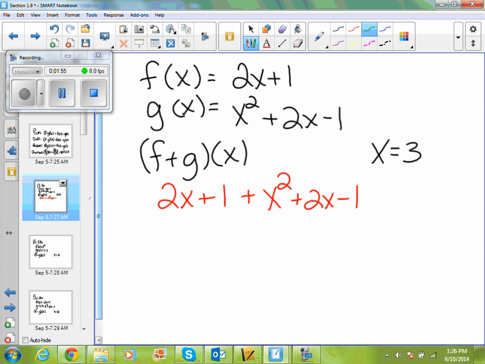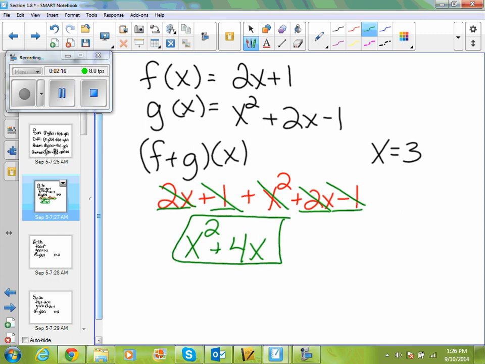I'm going to start with my x squared, and I only have one of those. I have a 2x plus 2x, and that gives me 4x. And then I have a positive 1 minus 1, and that's going to cross out and give me 0. So when I add my functions together, I end up with x squared plus 4x.